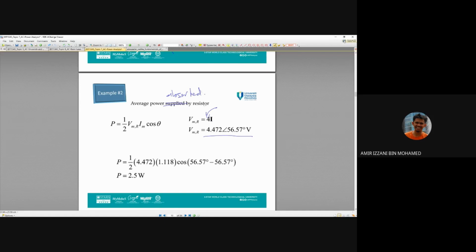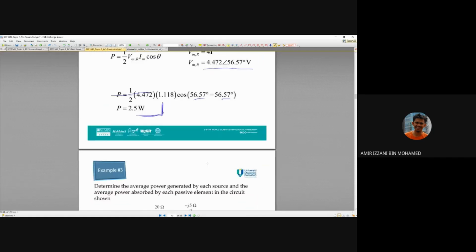You see the power absorbed is the same as what is supplied by the source, due to no phase shift difference.